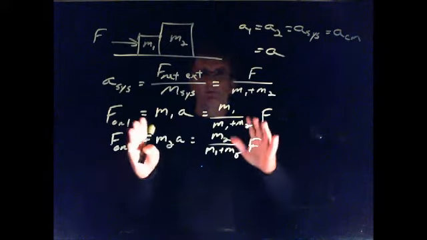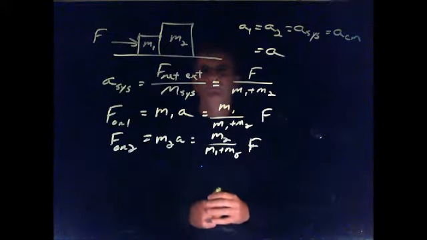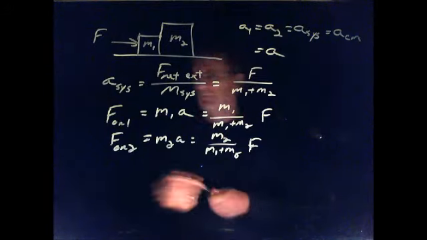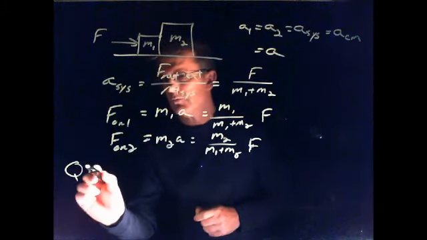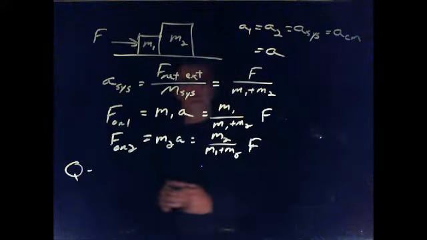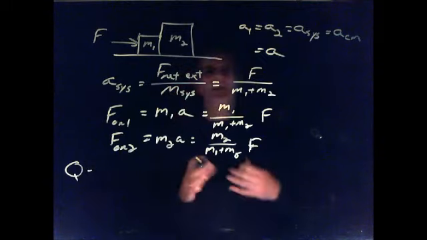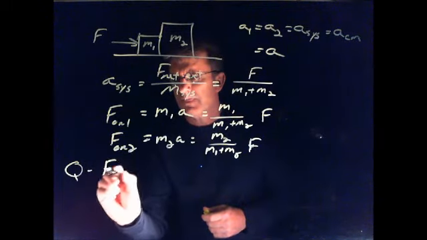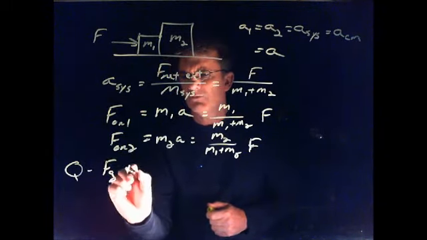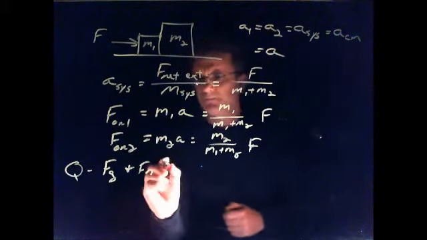Recognize that the F is all external. One question. We saw this on the free body diagram. I said the acceleration of the system is the net external force. Fg and normal force are external forces.